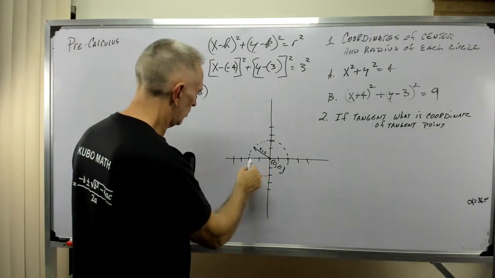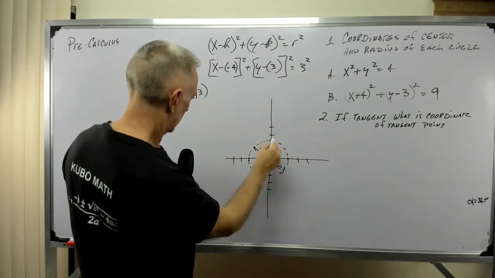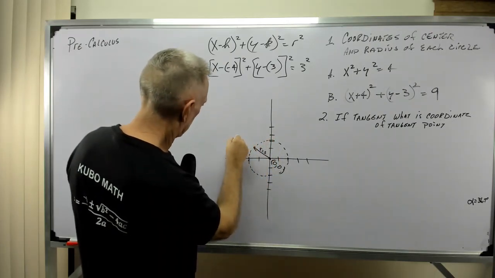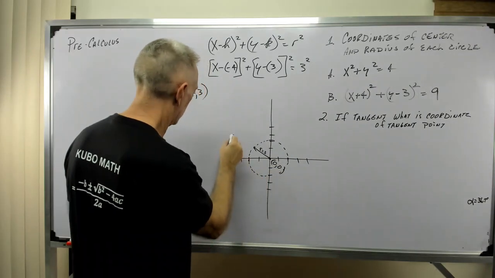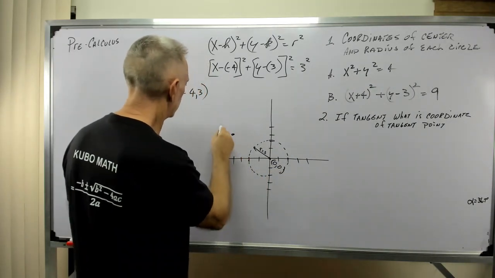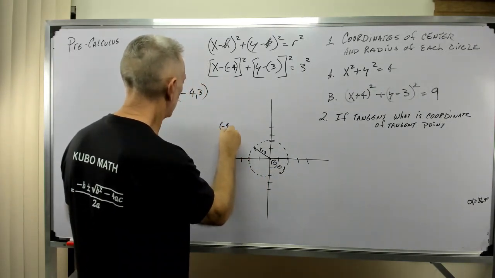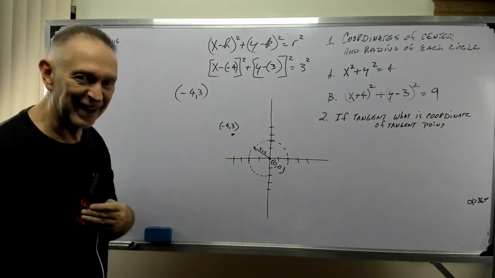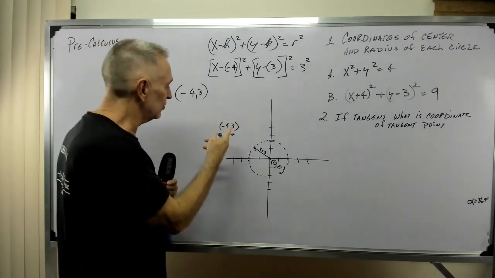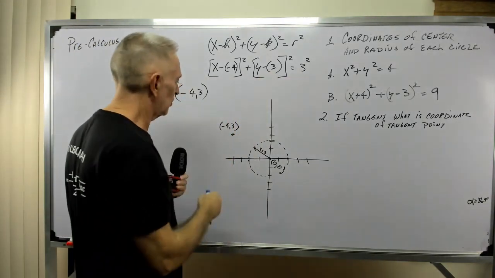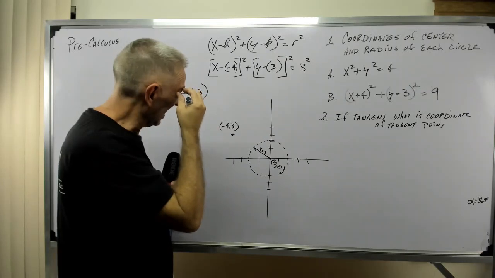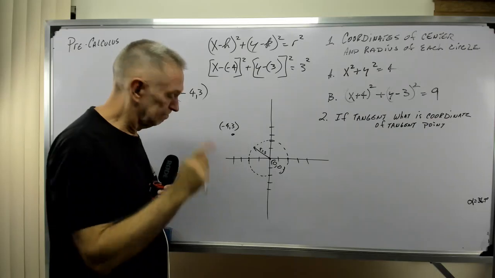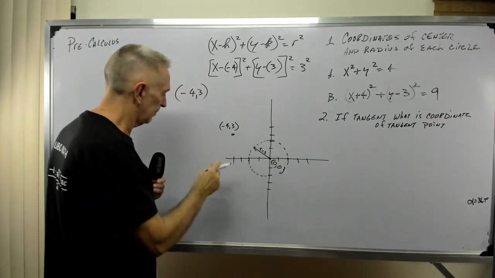So let's go out 1, 2, 3, 4. And let's go up 1, 2, 3. Somewhere about right there. Okay, that is the point negative 4, 3. But that doesn't tell me anything. Well, I have the radius, don't I? Radius is 3. How do I make certain they're tangent or not? Hey, got an idea here.